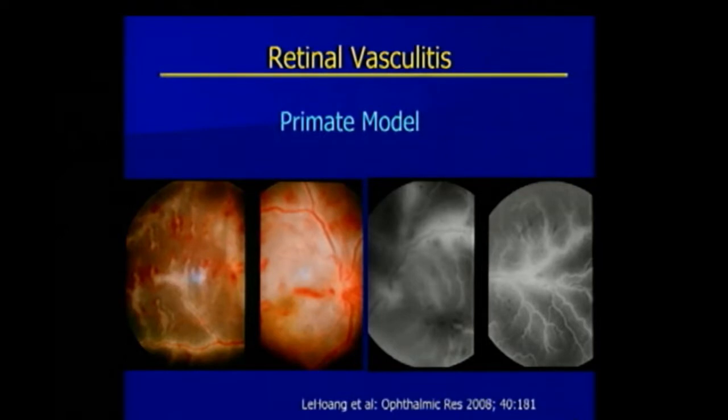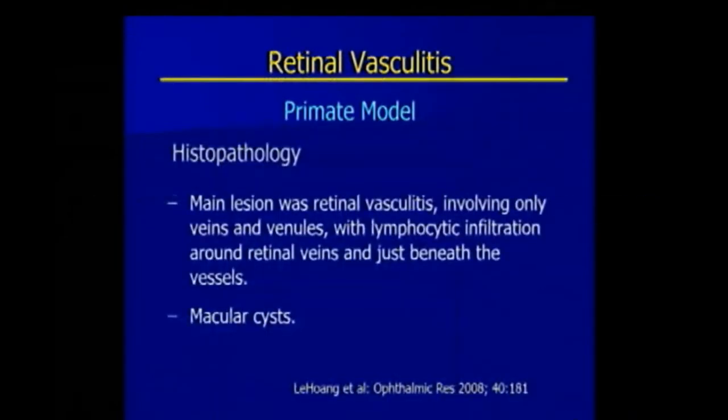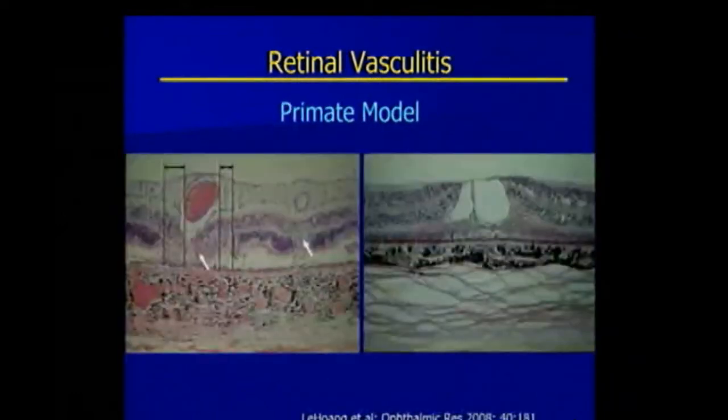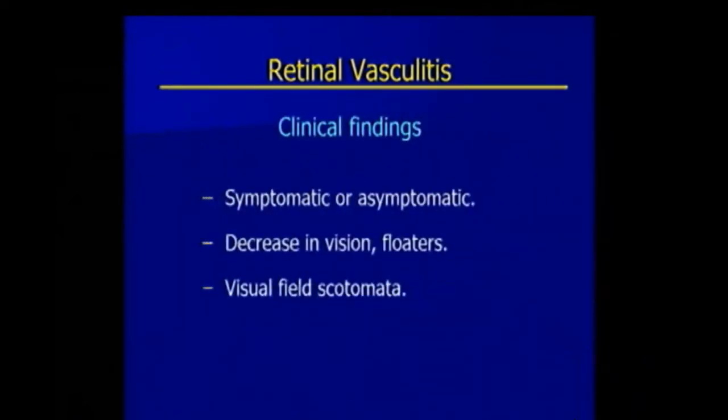Then you can see in the monkey immunized with retinal S antigen, you see the same picture as you see in humans. Retinal vascular sheathing and vascular leakage. And then here you see vascular leakage in this animal model. And the histopathology is showing also very vascular inflammatory infiltrate. And we have also a rat model for patients with retinal vasculitis.